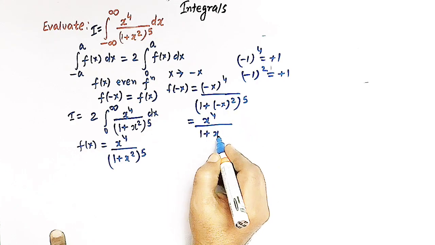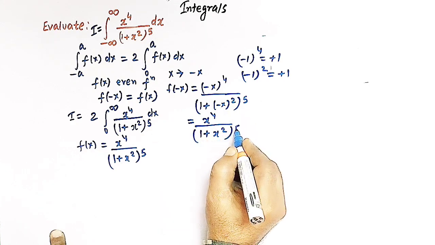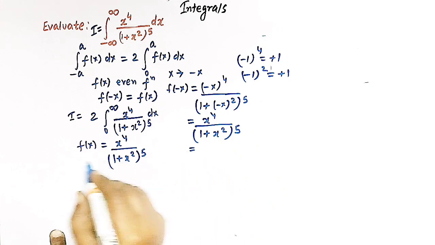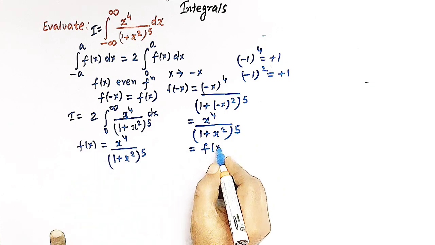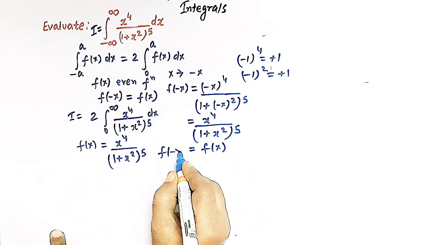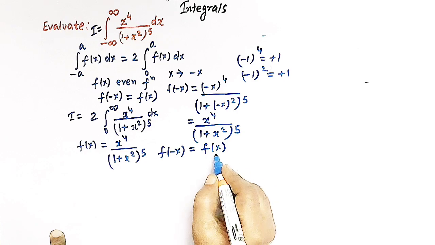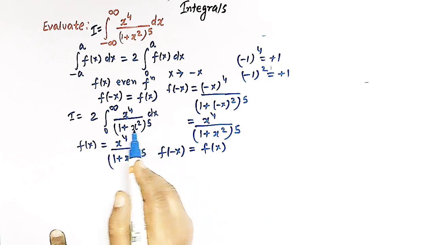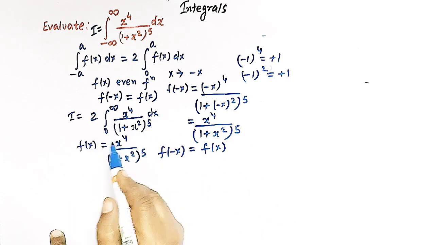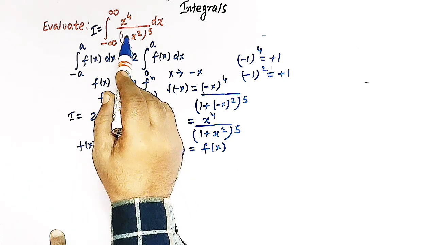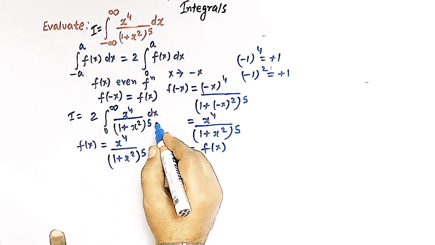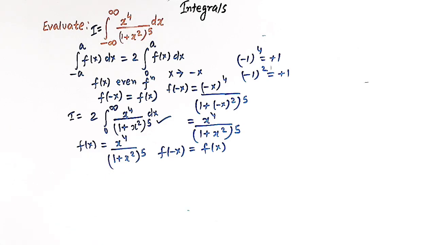So we have (1 plus x square) raised to 5, and this is our function f of x. So f of minus x is equal to f of x, which suggests that the integrand is an even function. So the first step is to write this integral in this form.